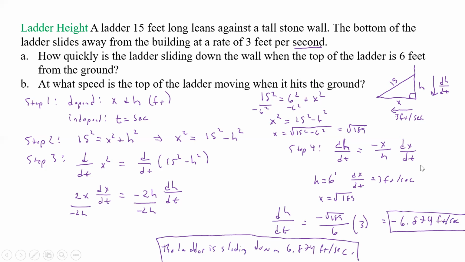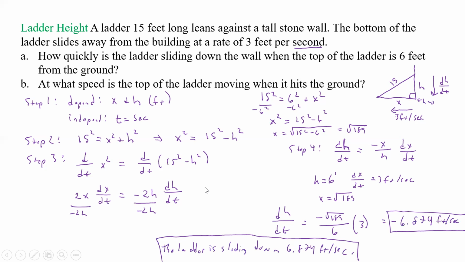All right, now at what speed is the top of the ladder moving when it hits the ground? So when it hits the ground, what do we know? Well, that means h is going to be 0 when it hits the ground. And so when we do that, what happens here? Well, it means we're dividing by 0, which we can't do.